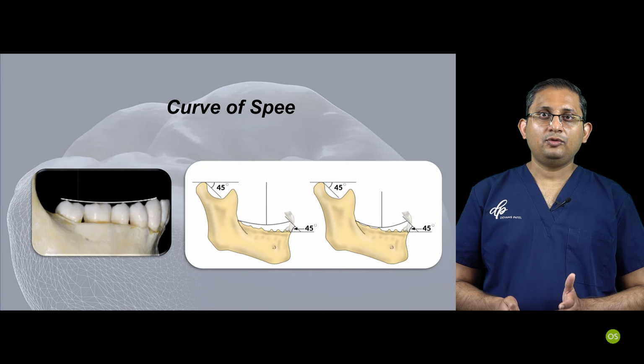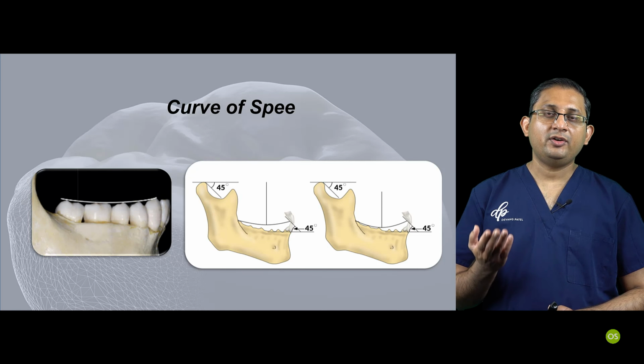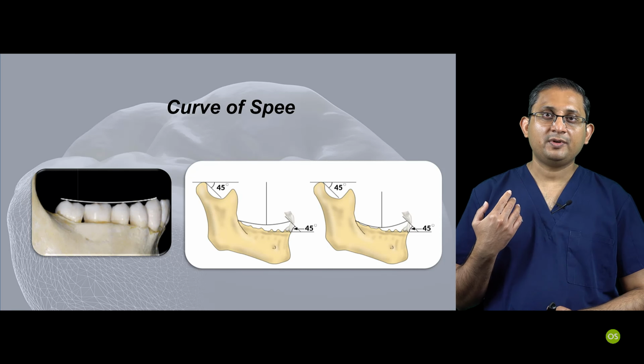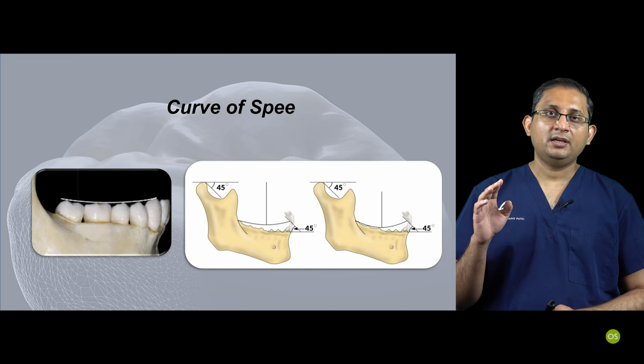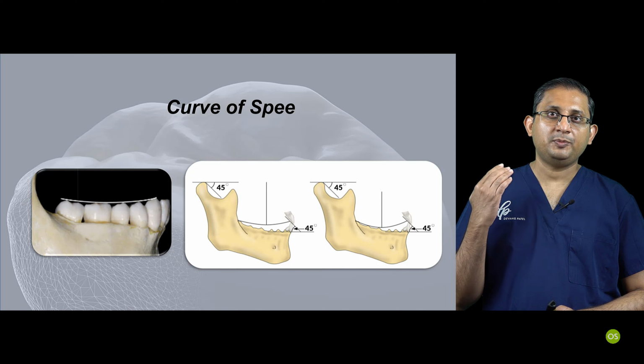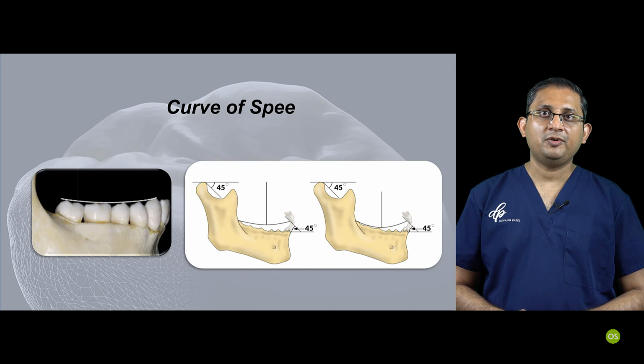Now, the other important terminologies you need to be aware of are the curve of Spee, and the curve of Spee is simply the anterior-posterior relationship, or a curve which is made up from the tip of the canine and all the buccal cusps of the posterior teeth. So when you join them together, the arc which is created by joining them together is called the curve of Spee.